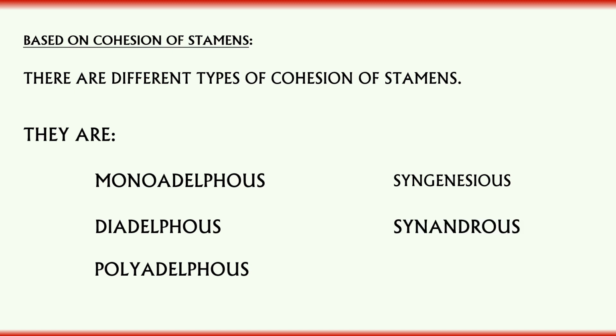And last type, synandrous. In this condition, both anthers and filaments are united. This condition we can observe in Cucurbita family.